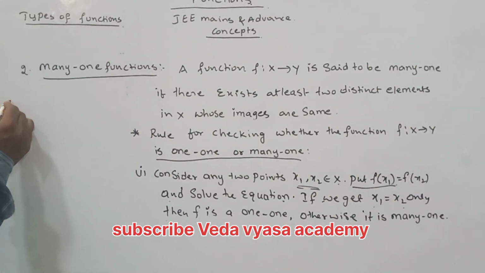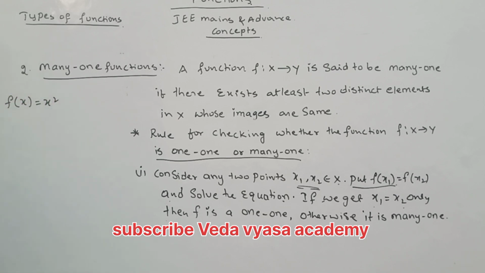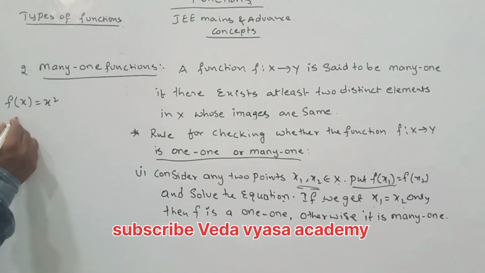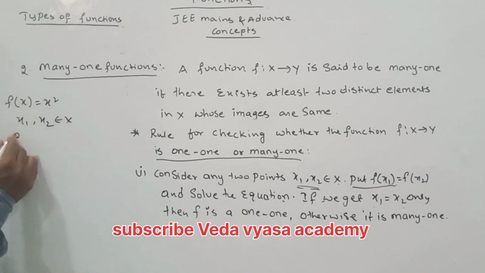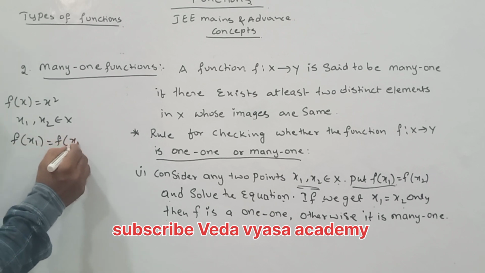Take the function f of x equal to x squared. Function is defined as f of x equals x squared. For x1, x2 belonging to capital X, f of x1 equals f of x2.